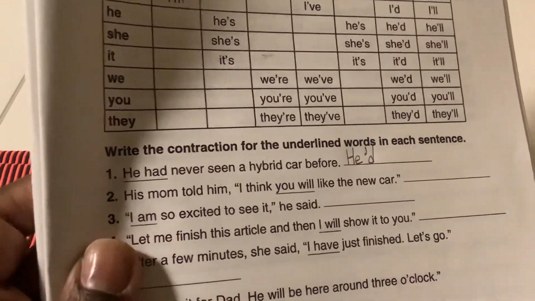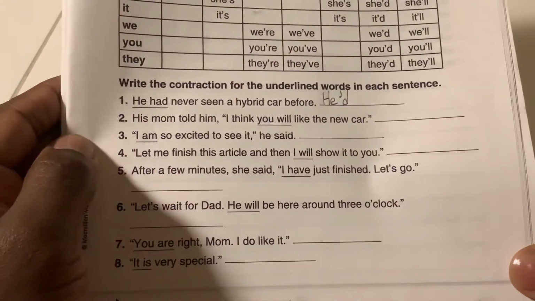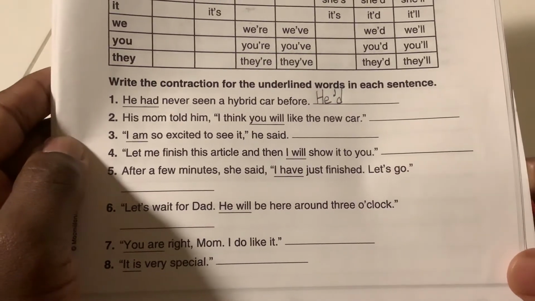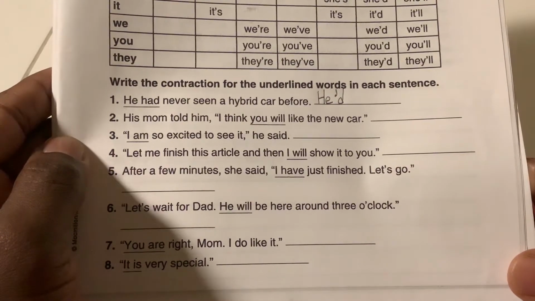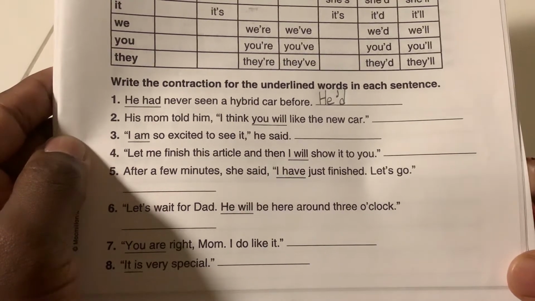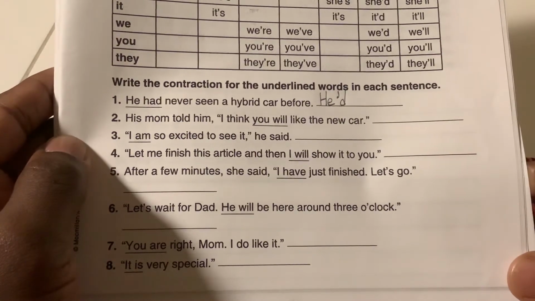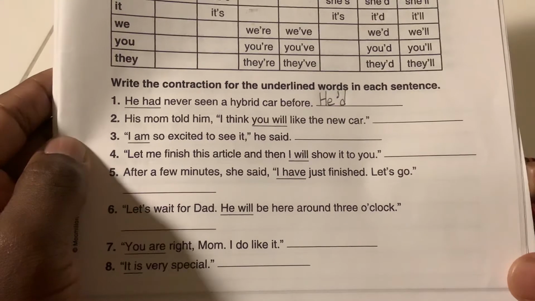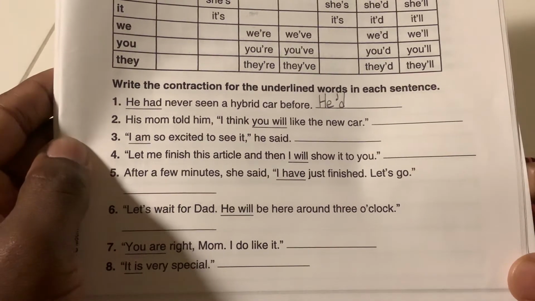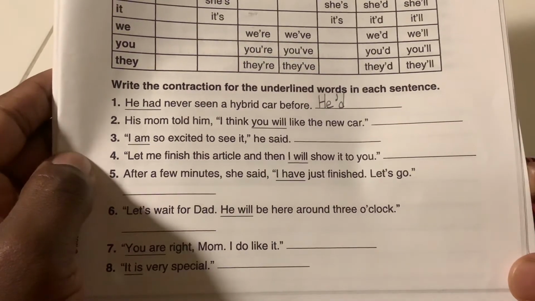Please listen as I read numbers 2 through 8. His mom told him, I think you will like the new car. 3. I am so excited to see it, he said. 4. Let me finish this article, and then I will show it to you. 5. After a few minutes, she said, I have just finished.